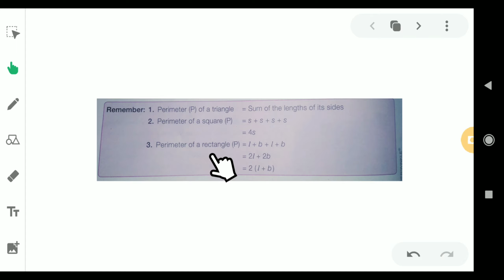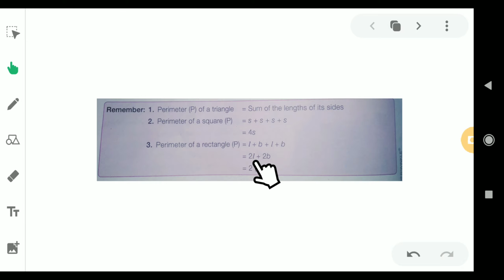Then perimeter of a rectangle. A rectangle has two sides equal and the other two sides equal. For example, a rectangle has two lengths and two breadths.